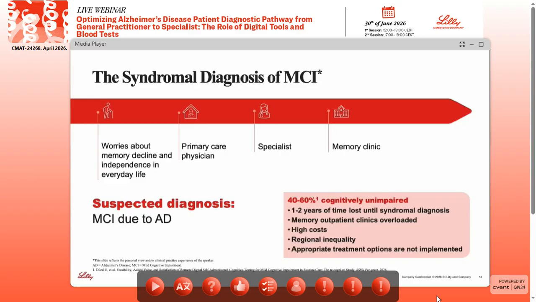It is actually not a mild cognitive impairment from a patient perspective, and also not a mild cognitive impairment if you actually look at what's really happening in the brain.